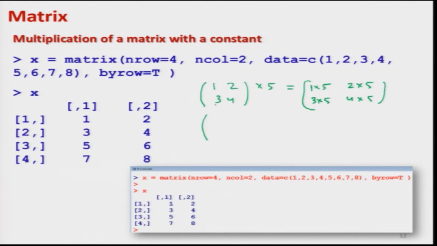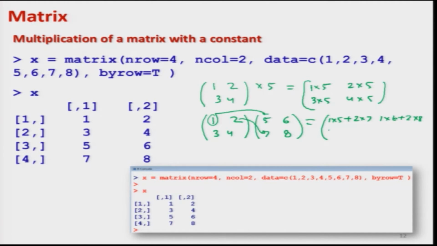And in case I multiply a matrix with another matrix, then this is given by 1 into 5 plus 2 into 7, that is, multiply and then add, then again 1 into 6 plus 2 into 8, 3 into 5 plus 4 into 7 and then 3 into 6 plus 4 into 8.